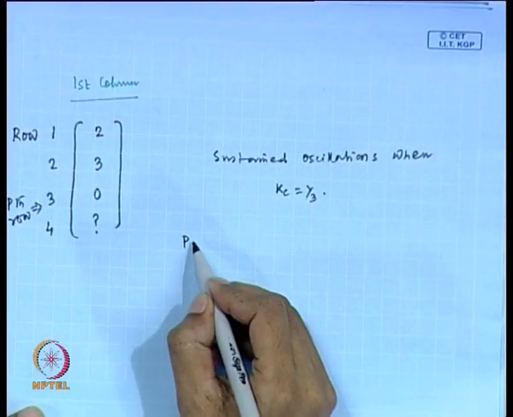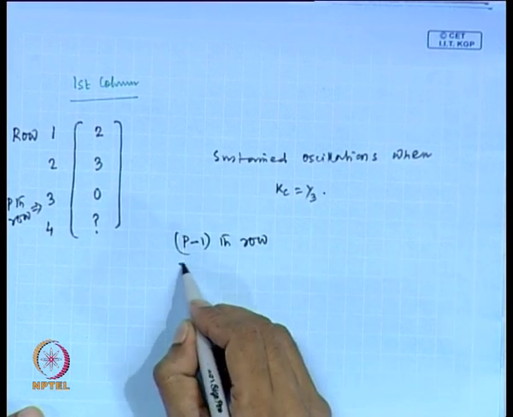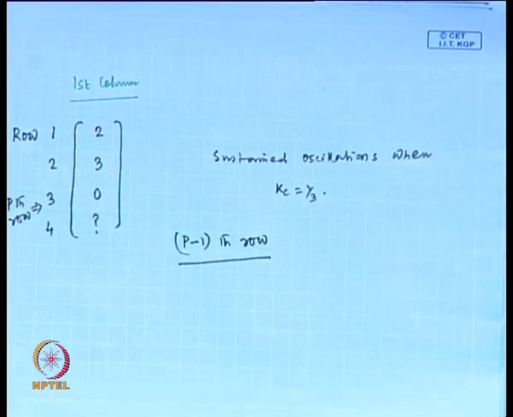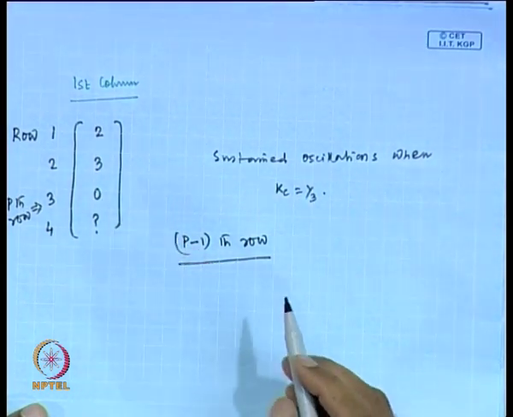Now, to determine the complex conjugate poles with real part equal to 0, we have to take the elements from the p minus 1th row.